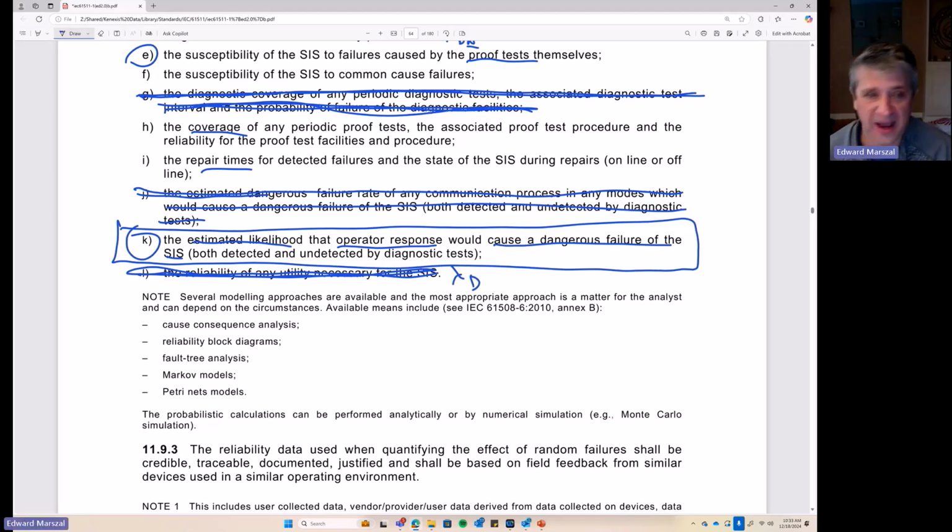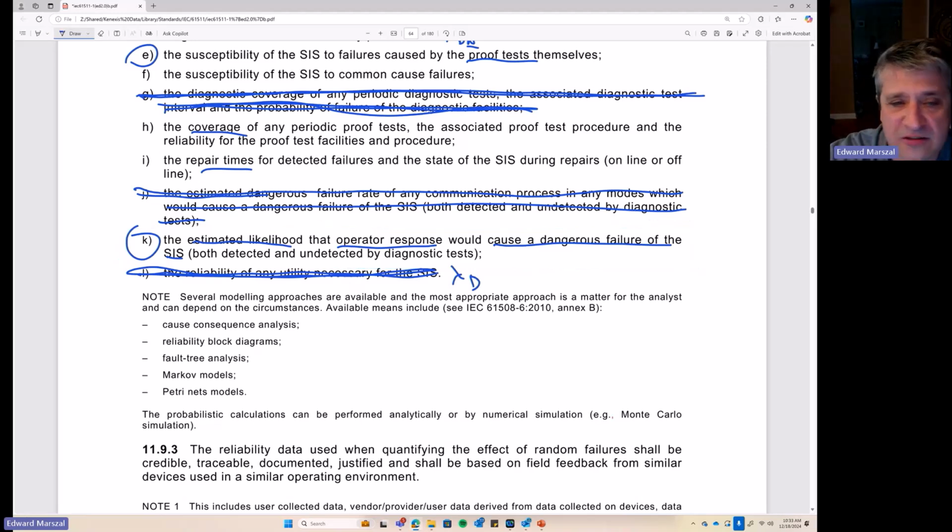Yes and no. Okay, so let's clarify this. This is one of those things that a lot of people read this clause and said, okay, I need to consider the probability of human failure when I'm running my calculations. Yes and no. This is different.